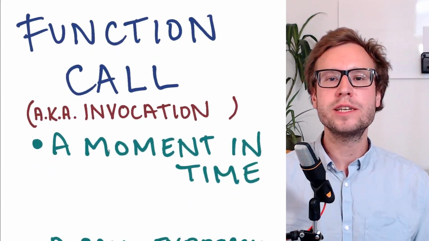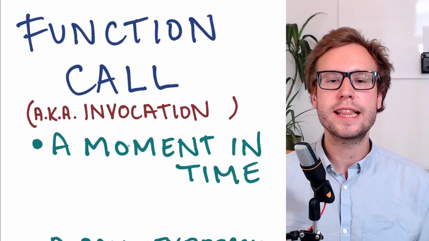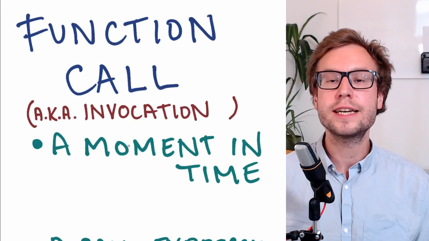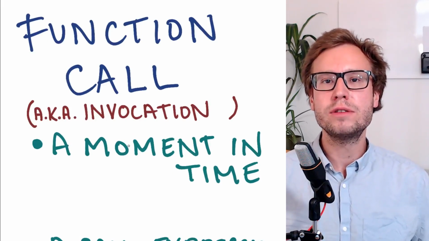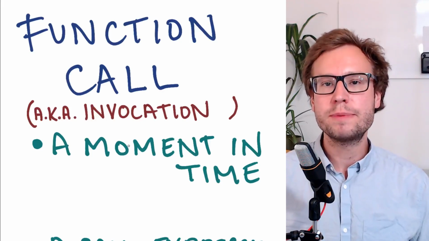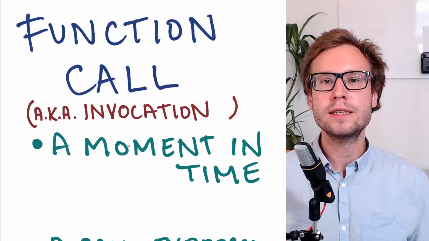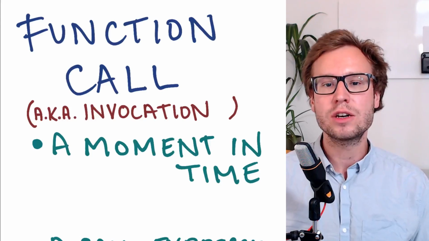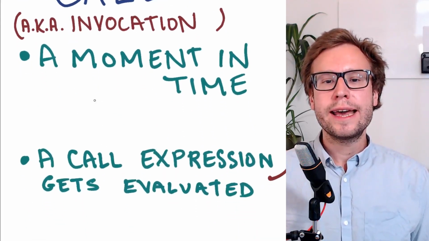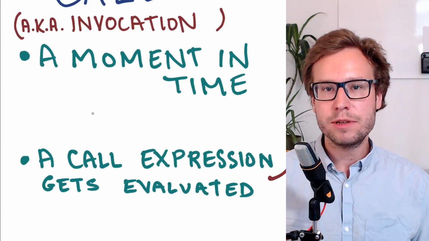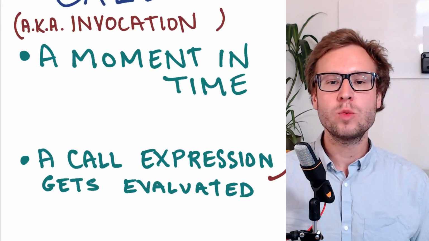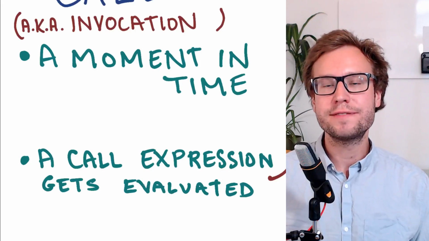So like we did with the first two, let's define that. What is a function call? It's a moment in time. That makes sense. It's in the time that your script is running. It's the moment when your function actually gets called. And when does that happen, basically? Well, it's when a call expression gets evaluated.